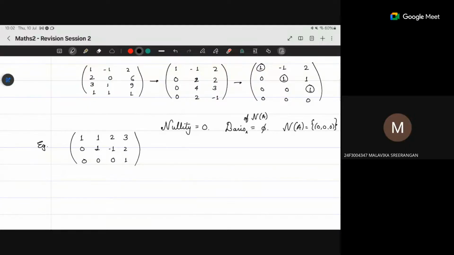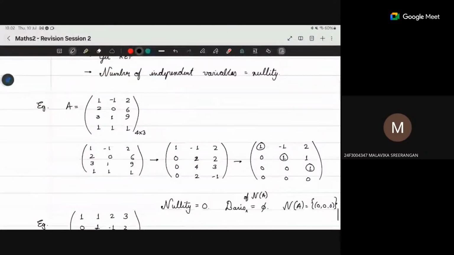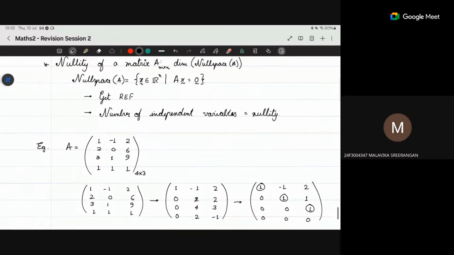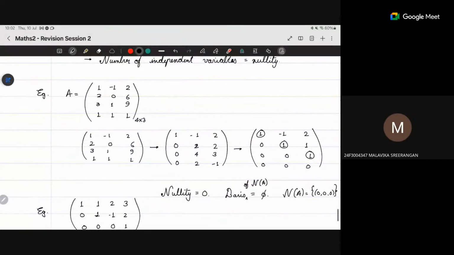Can you tell how nullity is 0 again? Because all the variables are dependent, right? The pivots are the dependent variables, and nullity is the number of independent variables. Here there are no independent variables because there are 3 variables, all of which are dependent. Oh, okay.